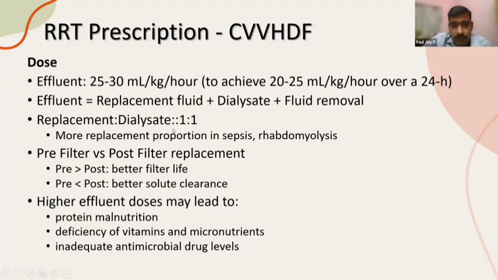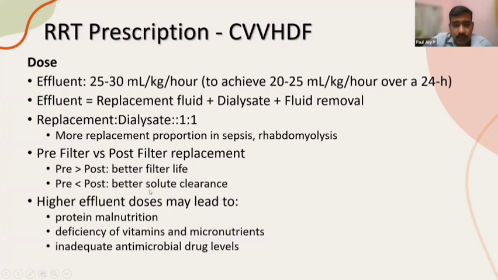The replacement to dialysate is usually in the ratio of 1:1, but in heavier patients or in patients with sepsis and rhabdomyolysis, the proportion of replacement fluid can be kept higher. And pre-filter and post-filter replacement is also usually kept equal, but usually the pre-filter replacement is kept higher so that there is better filter life.